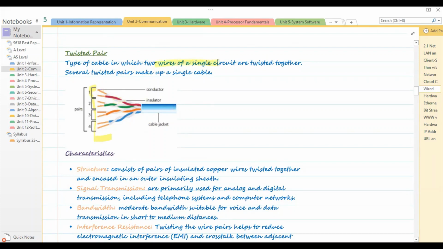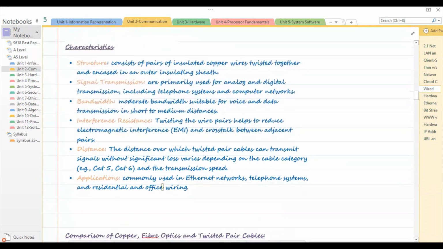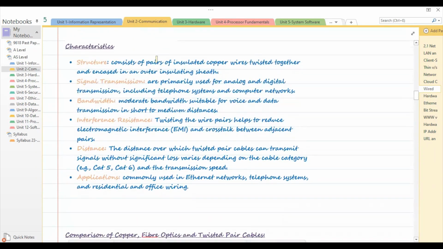Several twisted pairs make up a single cable. Characteristics of twisted pair cable: it consists of pairs of insulated copper wires twisted together and encased in an outer insulating sheath. They are primarily used for analog and digital transmission, including telephone systems, majorly used in telephone systems.